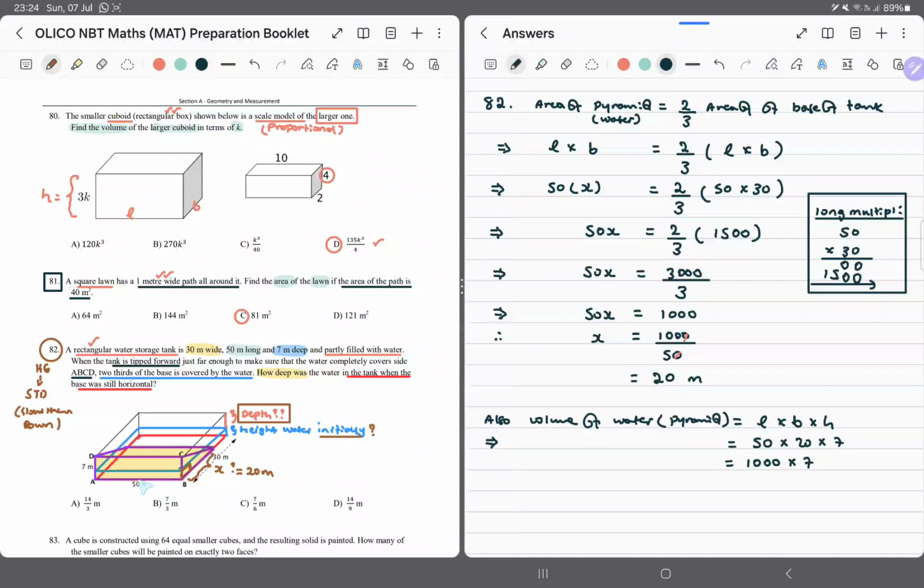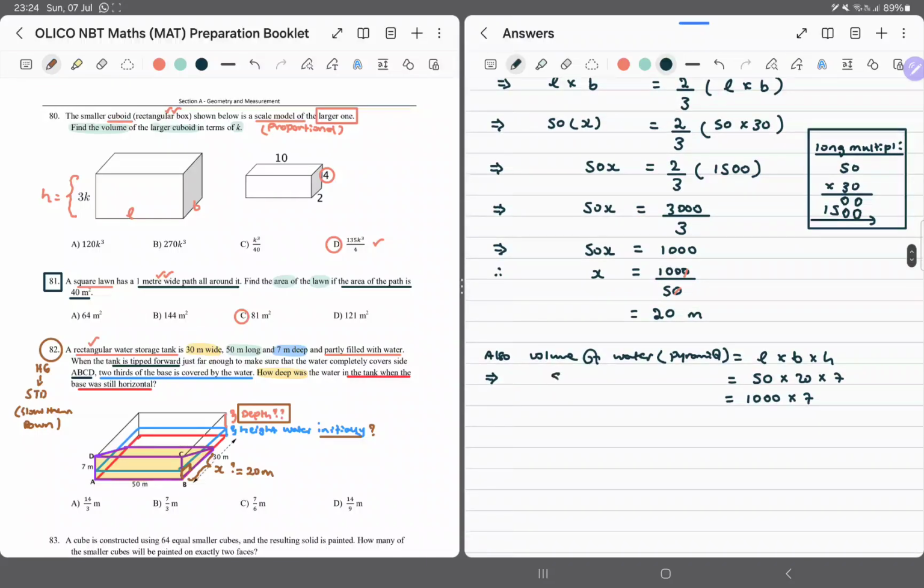Initially, the volume of the water is going to be the base of the entire tank. So this is the length of the tank, which is 50, times the breadth of the tank, which is 30 meters, and then the height is what we want. So this is the initial height, we can say HI. So this is basically the initial volume, because the volume of water in the pyramid is still the same as the volume of water in the tank before we tipped it, isn't it? Yes.